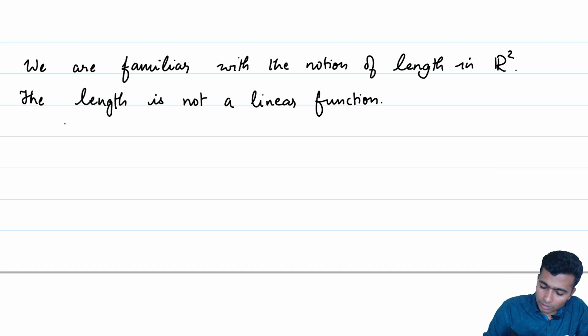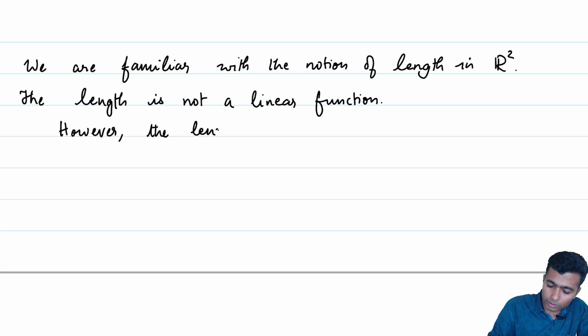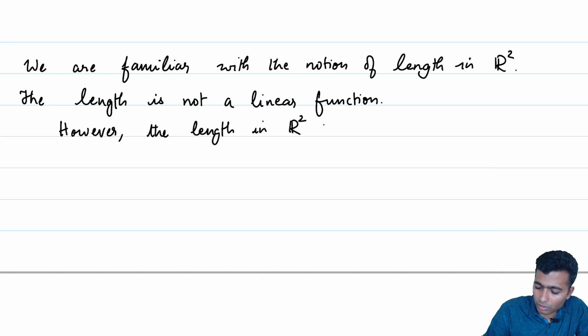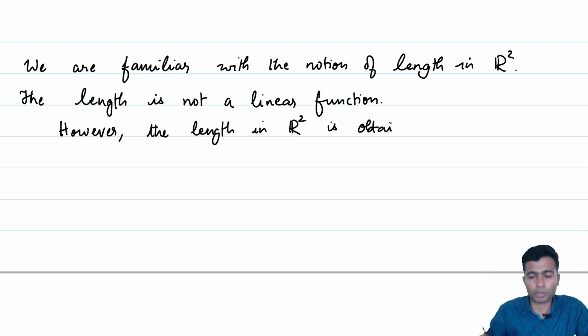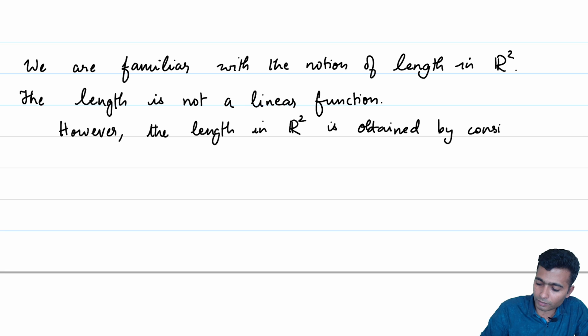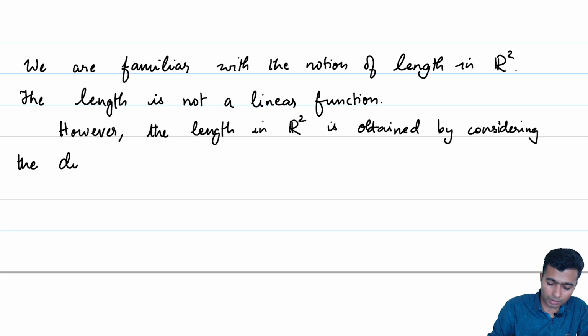The length in R2, in fact even in Rn, is obtained by considering the dot product of a vector with itself.